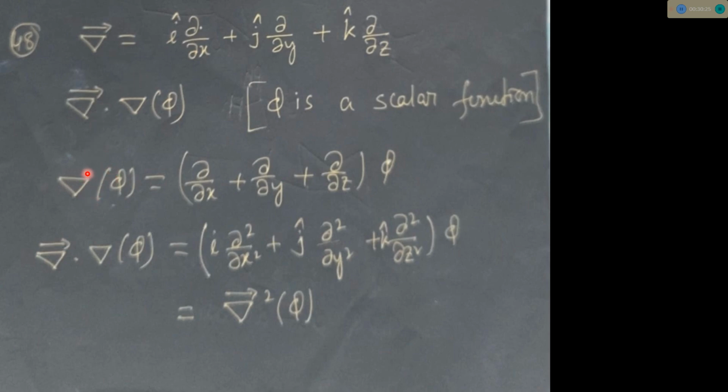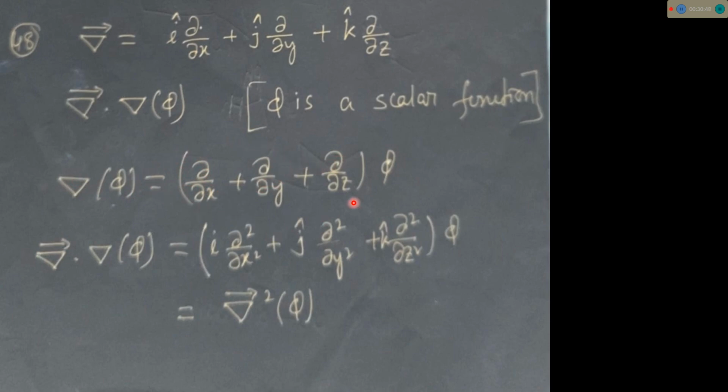See here, this is given as a vector. If we write this as a scalar quantity, then we can write del x plus del y plus del z. There should be no i cap, j cap, k cap, because this is a scalar quantity. There are no directions, so only the value we have to consider.